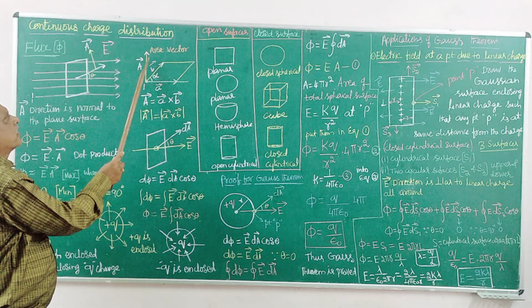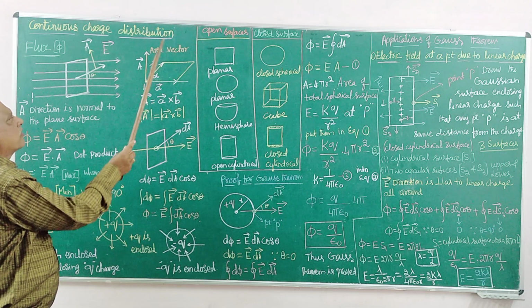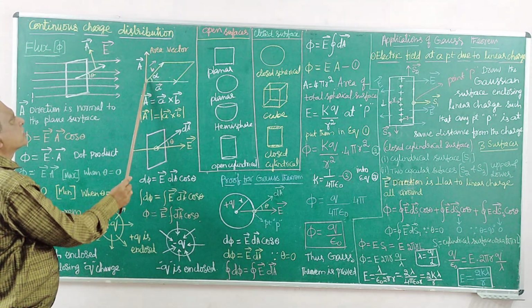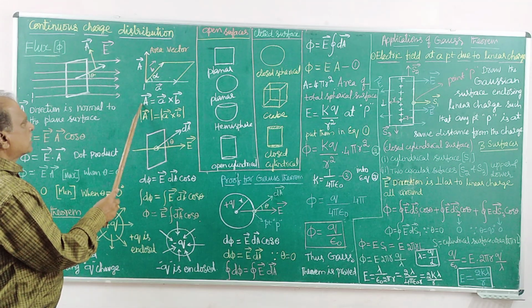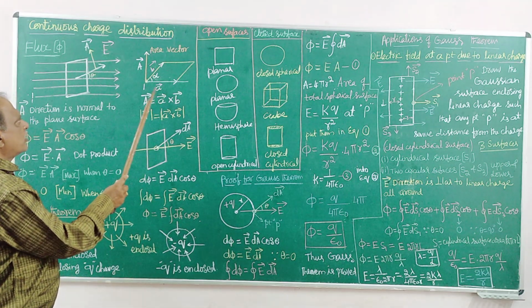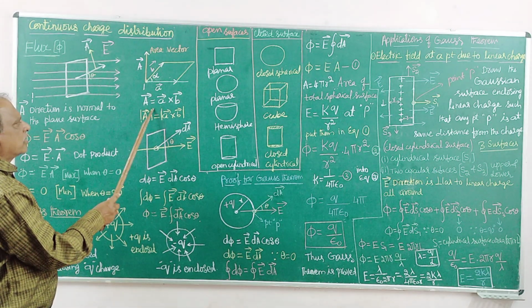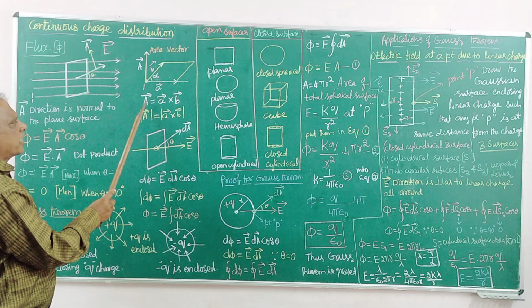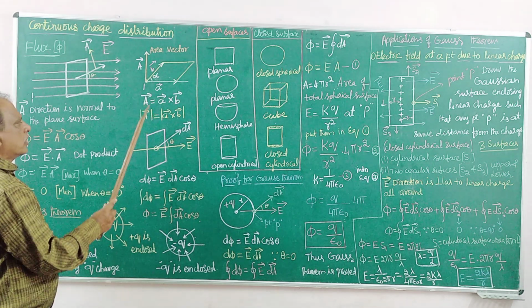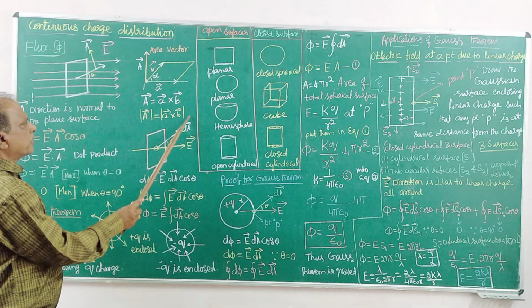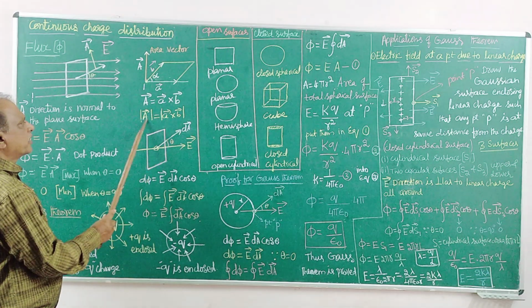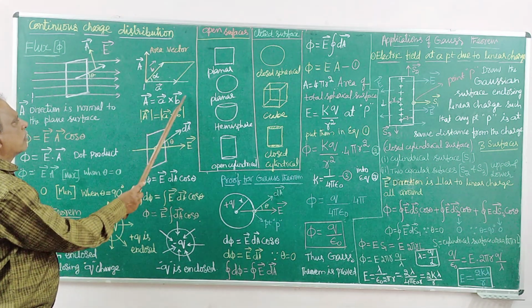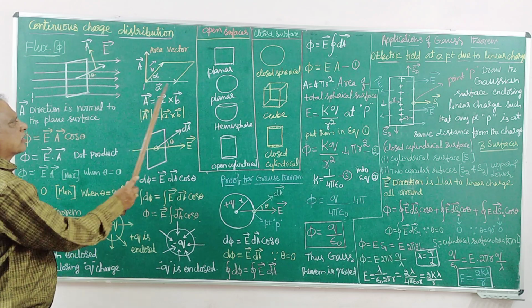This is the direction of the area vector. That is the mathematical representation of vector area. It has both direction and magnitude, whereas it is only a magnitude of the area.